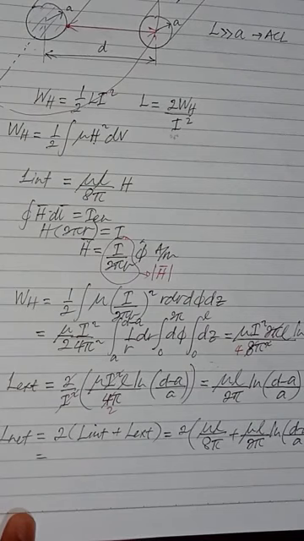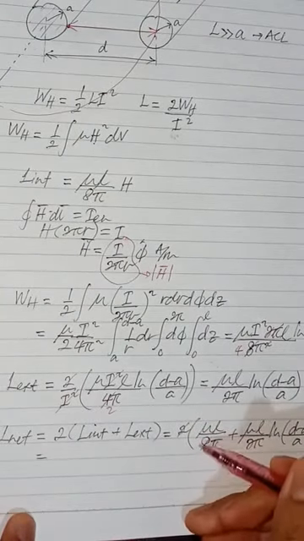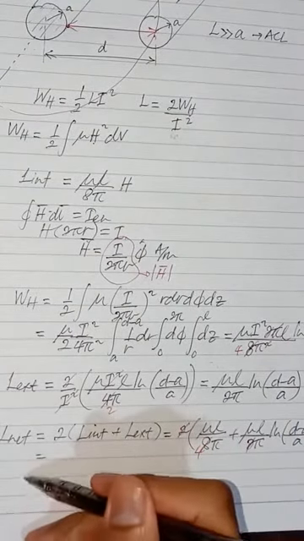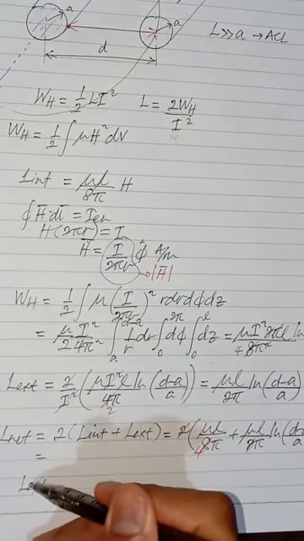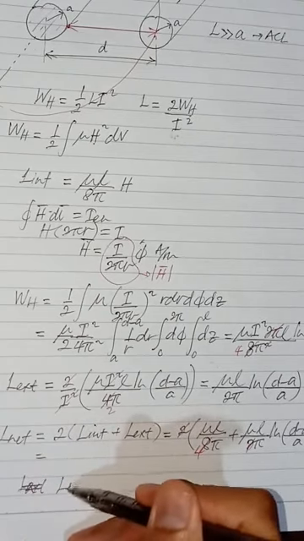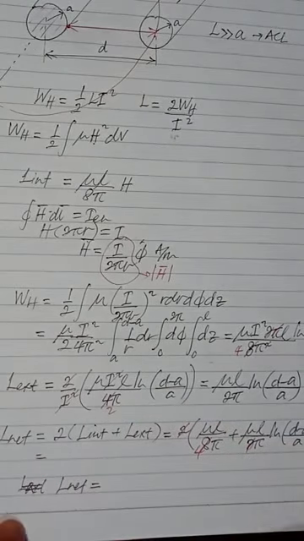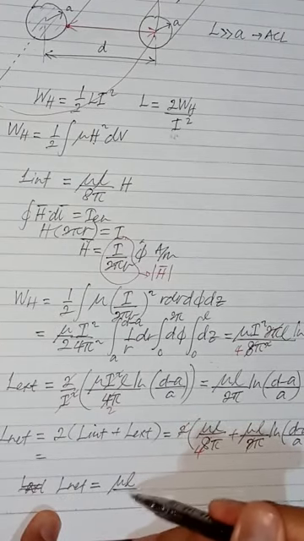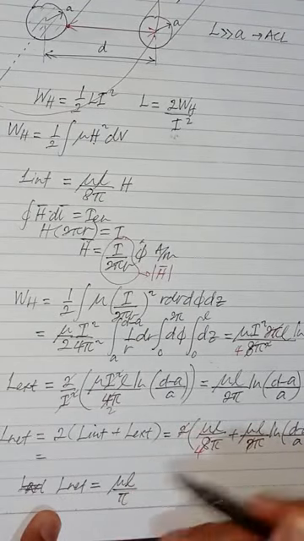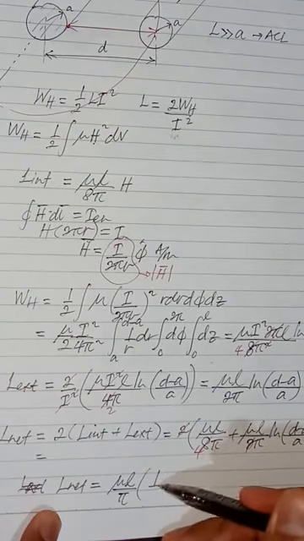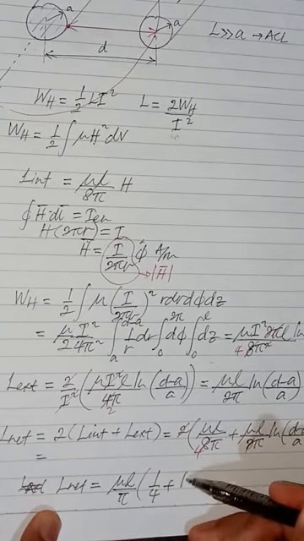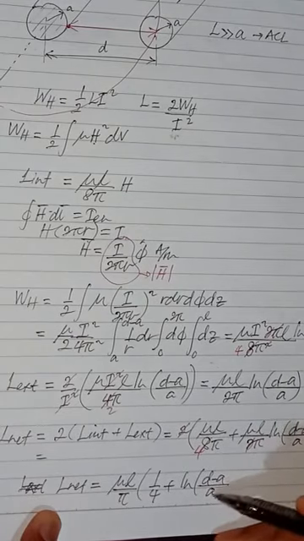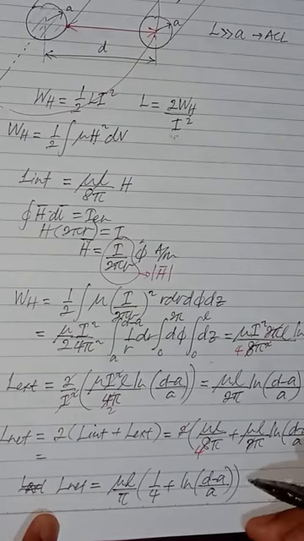So now let's simplify. So 2 here, you're going to have left 4, 2 gone. So finally guys, we're going to have this expression, the L net, or net L total, is equal to mu L over pi. So let's factorize 1 over 4 plus ln D minus A over A Henry.